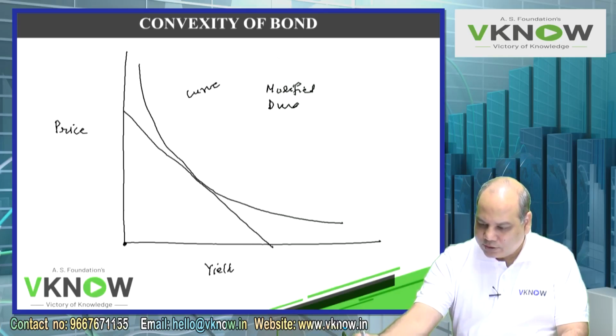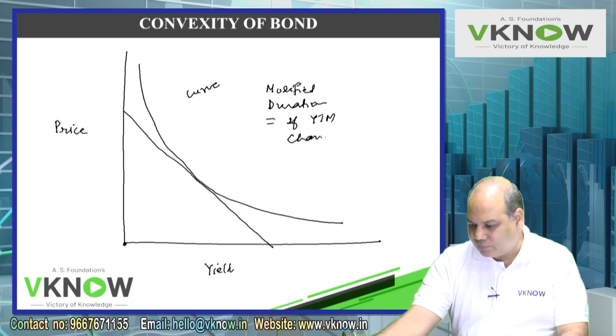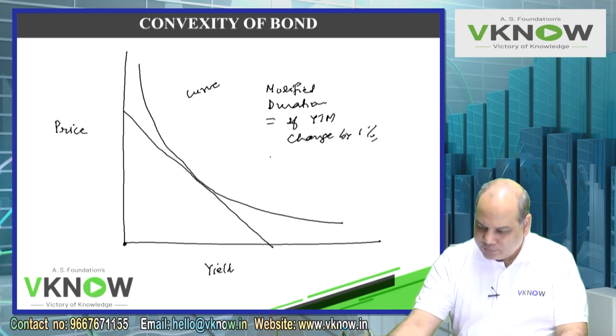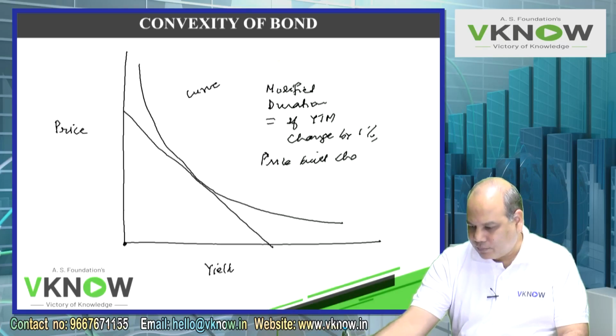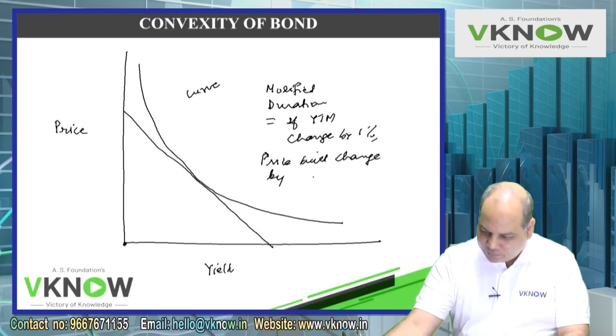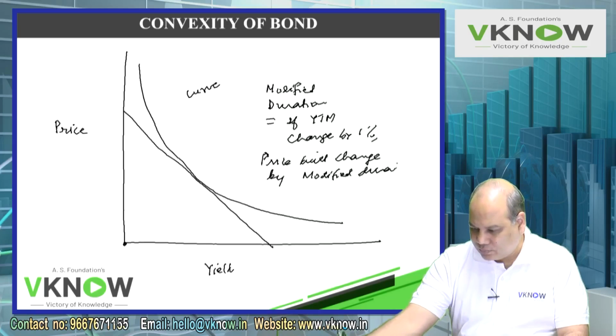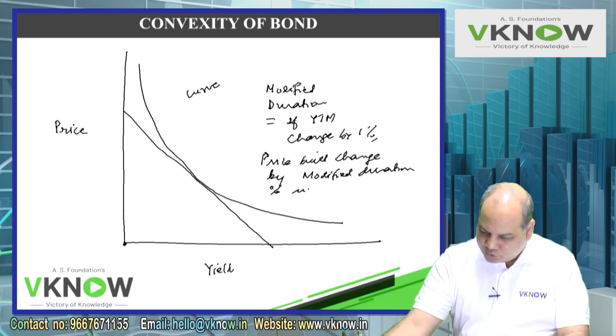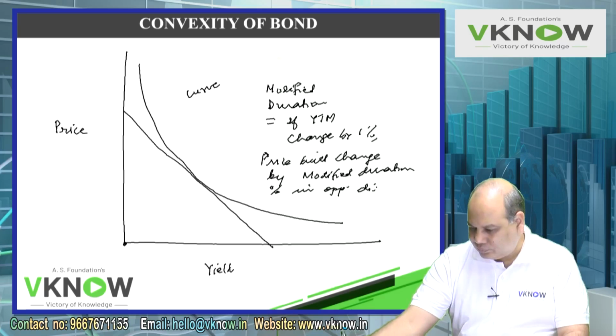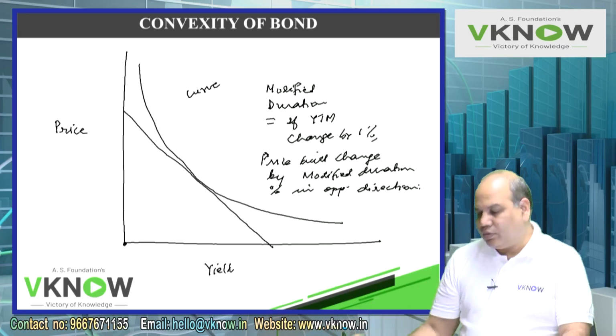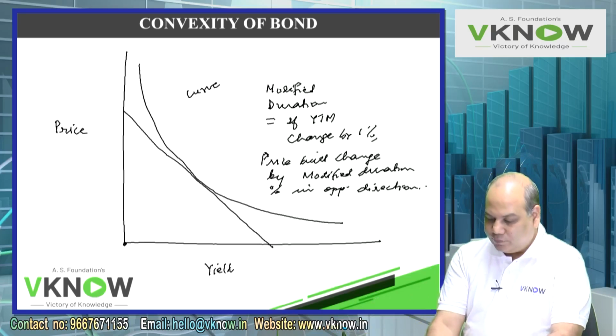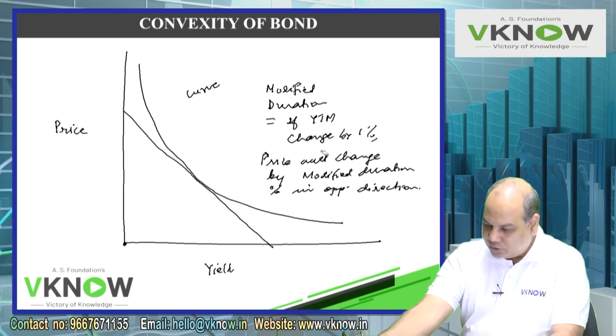Just focus on understanding. Modified duration means if yield changes by 1%, price will change by modified duration percentage in opposite direction.